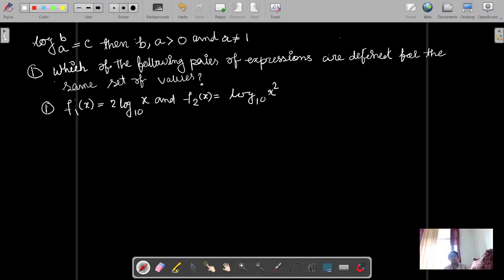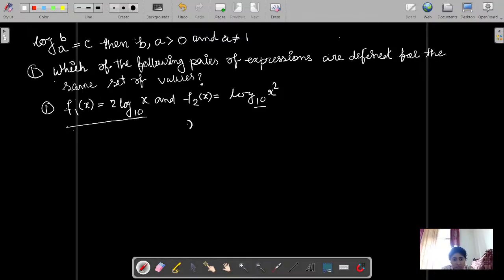Okay, so as I said, in log, the base should be greater than 0. Base is already greater than 0. It is 10. Here the base is 10, here also. But what about this x, right? Then we have to take care of this x also. This also should be greater than 0. Now, see one thing here. For the first function, it is written as this.